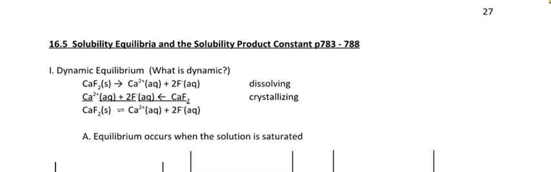So in a dynamic equilibrium of forming a precipitate, of having a solid in solution, what's the forward and what's the reverse? Having the solid go to the aqueous is dissolving, and the opposite is having the aqueous ions form the solid, or crystallizing. Overall, it is an equilibrium setup.